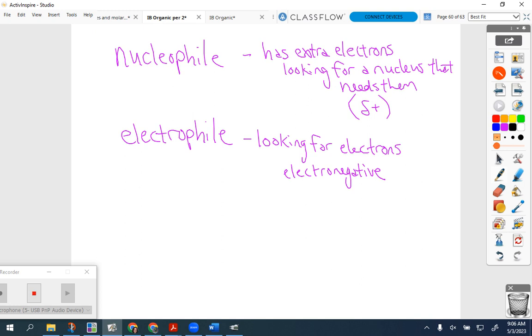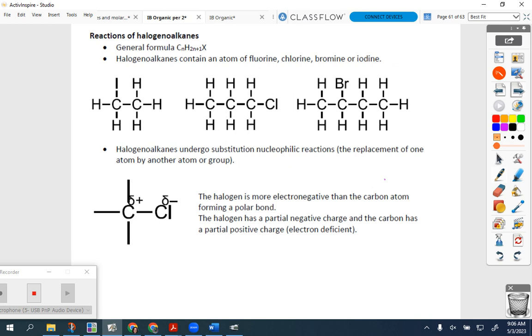So when we're talking about the halogenoalkane reactions, the substitutions tend to be nucleophilic substitutions. Okay, and what we're substituting is something else in place of the halogen. So we're substituting something that's going to replace the halogen.